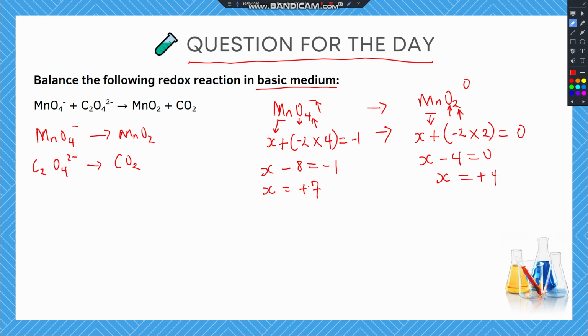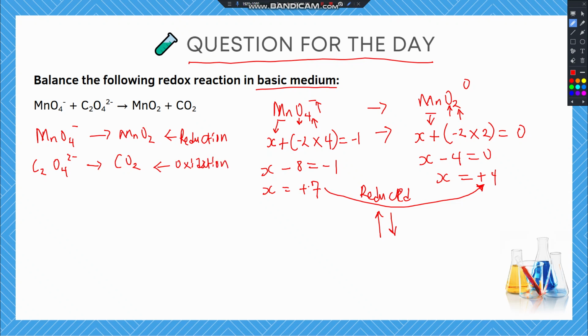So the oxidation number of manganese moves from +7 all the way to +4. Now my question is, when something moves from +7 to +4, does it increase or does it decrease? Of course it decreases. So that tells us that this has reduced. So automatically this becomes our reduction half and this becomes our oxidation half.